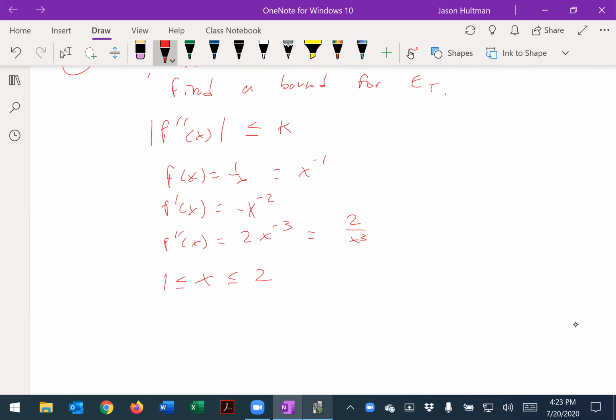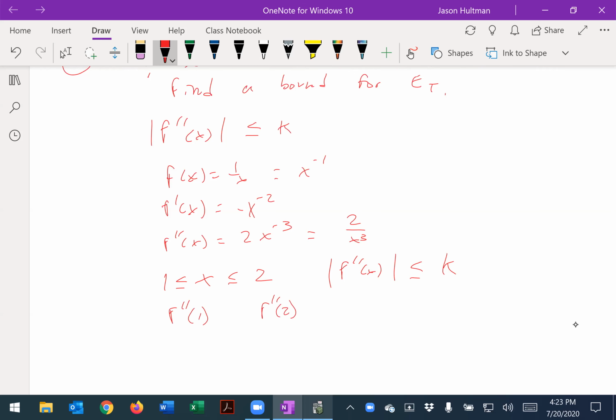What's going to be my upper bound on the derivative? We can think of this as: what's the f double prime of 1 and what's f double prime of 2?